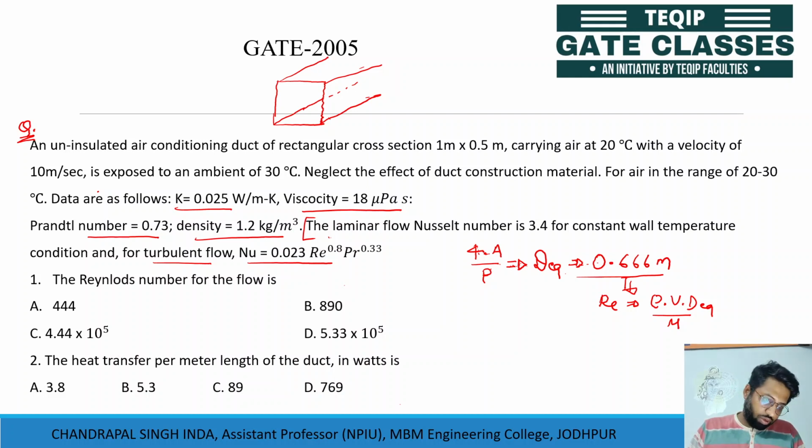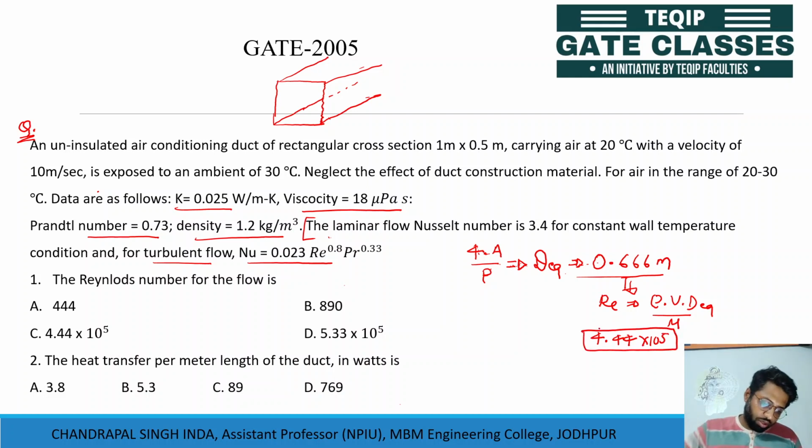The velocity is 10, the density of air is 1.2, and the viscosity is 18 into 10 to the power minus 6 Pascal second. So it will be equal to 4.44 into 10 to the power 5.